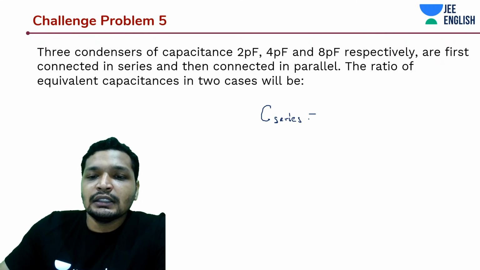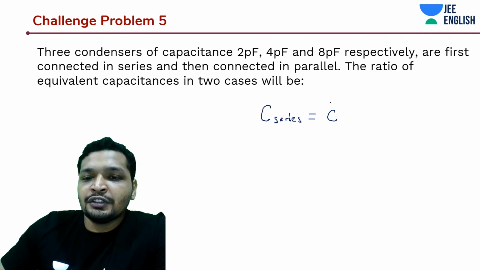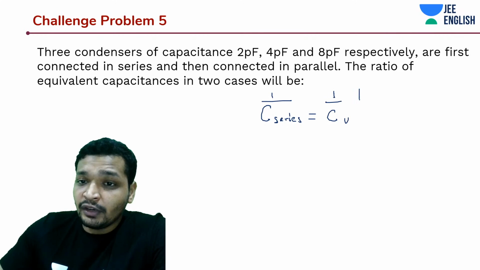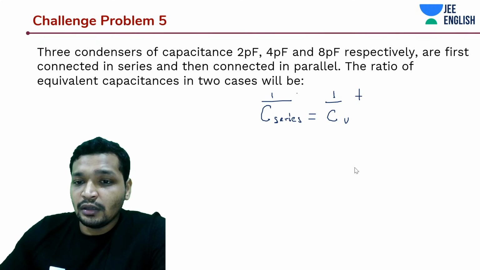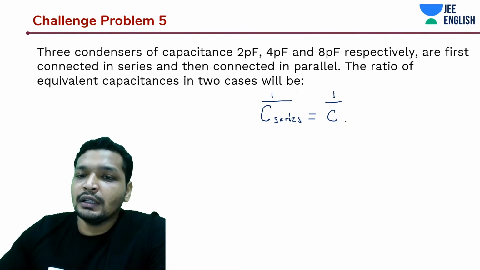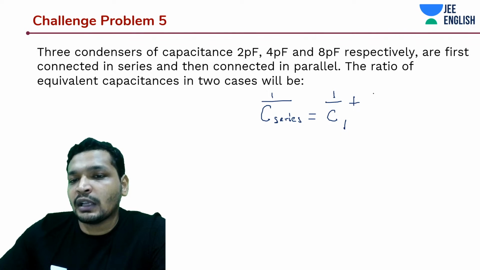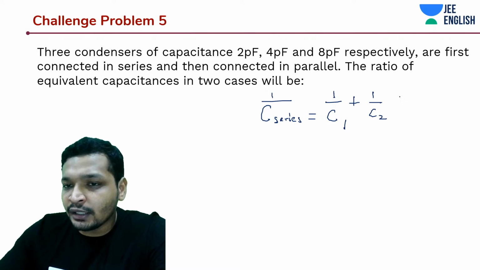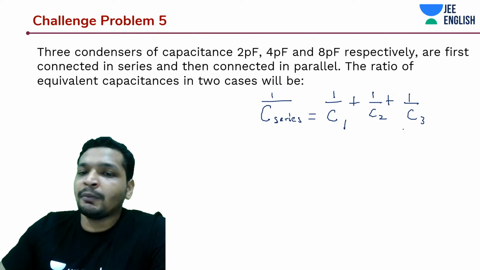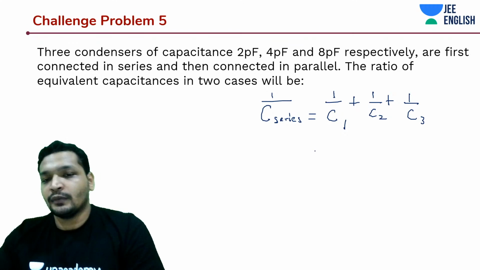C series, what should it be? 1 by C series should be 1 by C1, and so on. When it comes to capacitors, it's going to be the other way around compared to resistors. So practice as many problems on capacitors as possible before you enter resistors, or if you have already done resistors, practice as many problems on capacitors also.